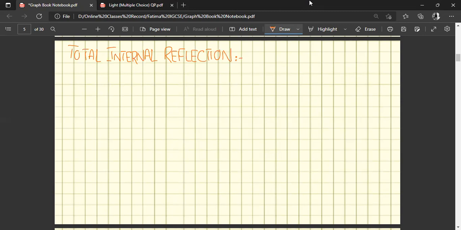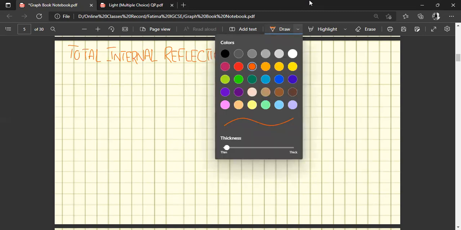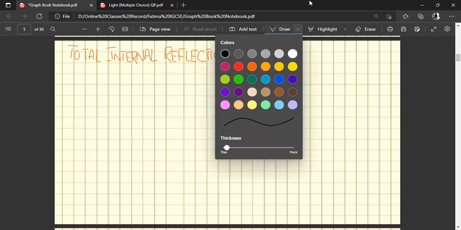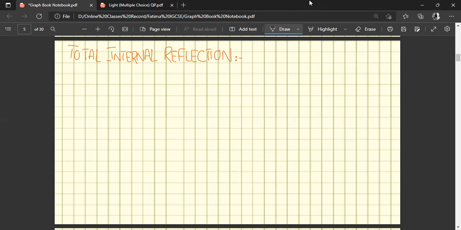There are two conditions for it. First of all, let's consider the same example of that dense and rare medium. Then we discuss the reflection in that surface.